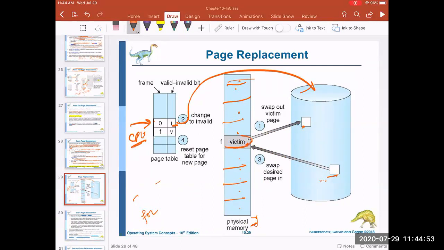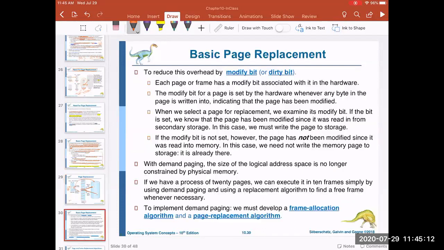Then an algorithm would act, find the victim, and once it is found, it is swapped out, and the new desired page is swapped in. After this is done, the entry would be marked valid, and the instruction would restart.